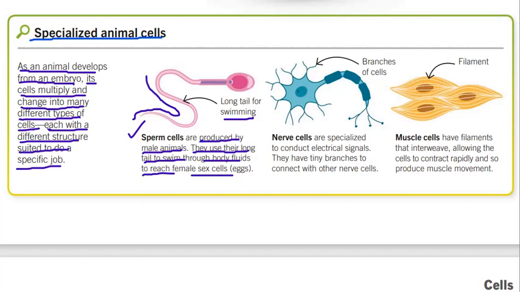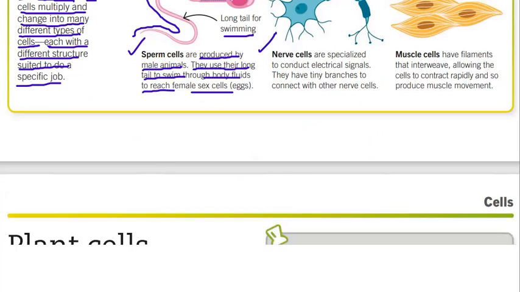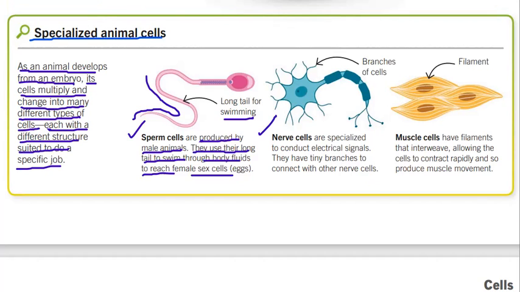And the next one is nerve cells. These have branches. They are specialized to conduct electrical signals, and they have tiny branches to connect with other nerve cells. Another part is the filament.